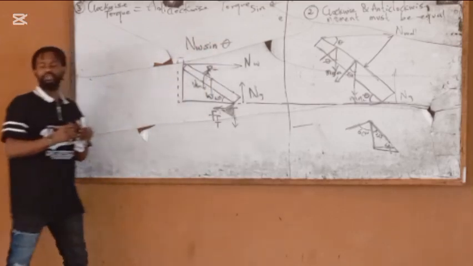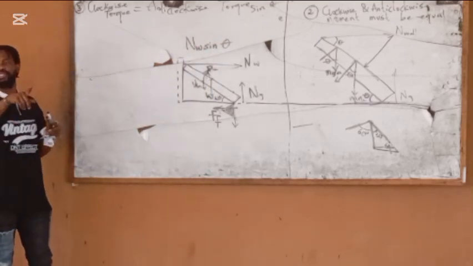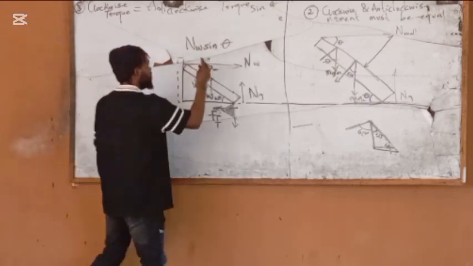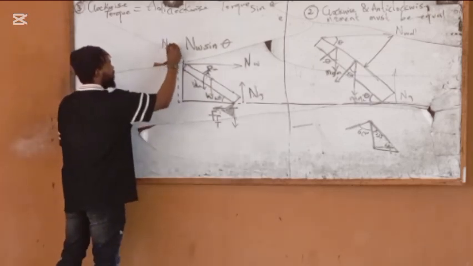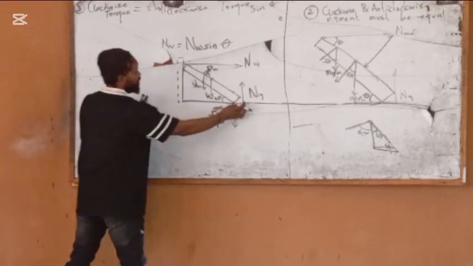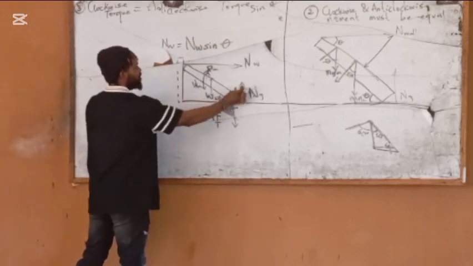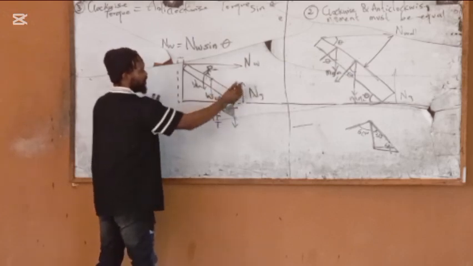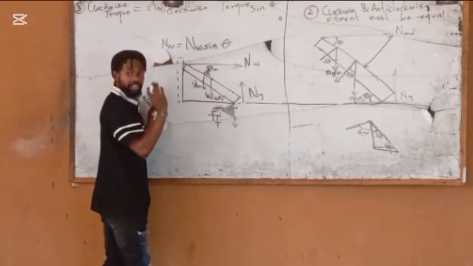Do you still remember I told you that you consider the x-axis to be sine and the y-axis to be what? Now, that means that NW will be equal to this. Then for our NG, notice this one is on the y-axis, it's going to be NG cos theta.